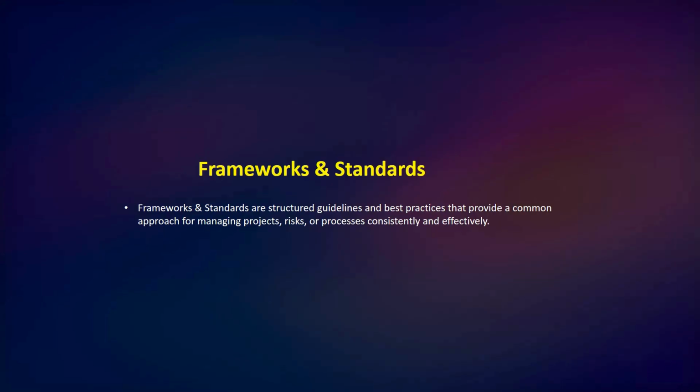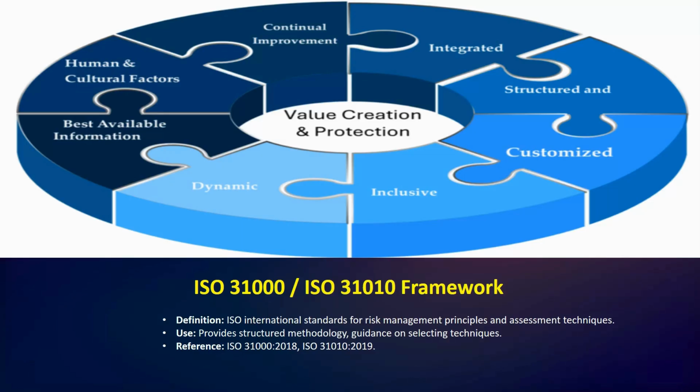By using frameworks and standards, teams can reduce confusion, improve efficiency, and ensure projects are delivered with quality and reliability. Okay, so first we have ISO 31000, then the ISO 31010 framework.